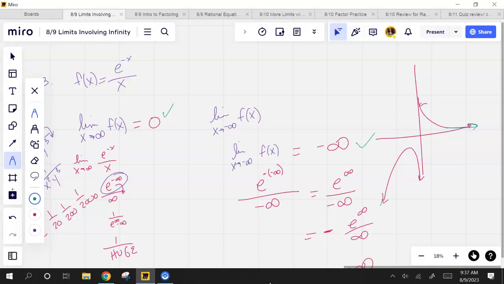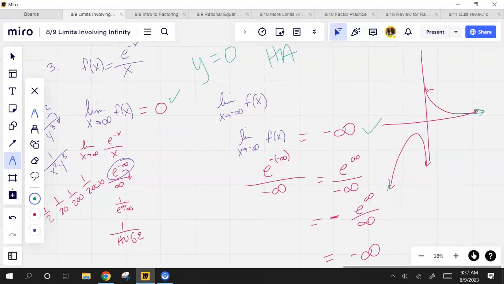Okay, so now, are there any horizontal asymptotes? Where? At 0. By definition, y equals 0 is a horizontal asymptote. When we found this right here is enough information to tell us that it's a horizontal asymptote.